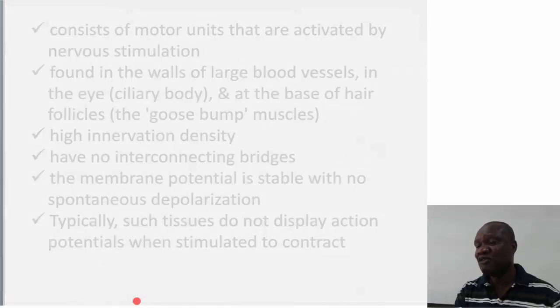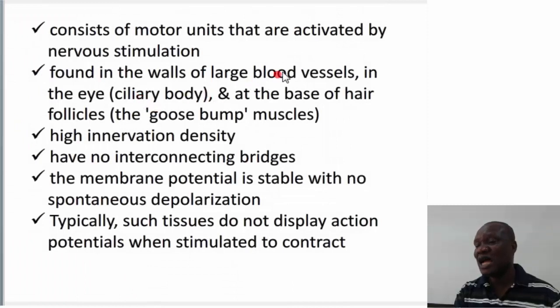No, the unitary smooth muscles are found in small blood vessels, digestive tract, urinary system, and reproductive system, while the multi-units are found in the large blood vessels, in the ciliary body, and at the base of hair follicles. Now they have high innervation density.